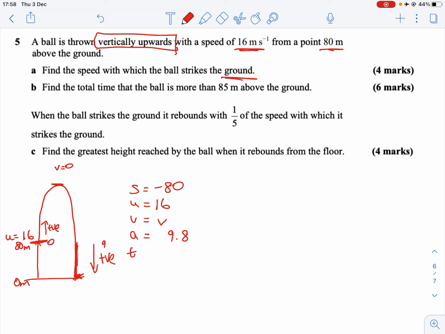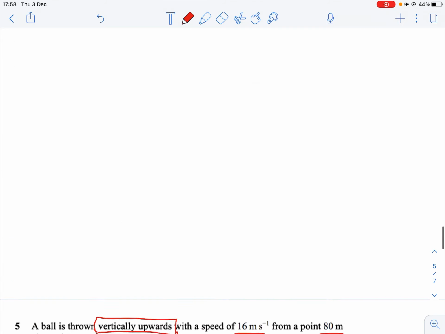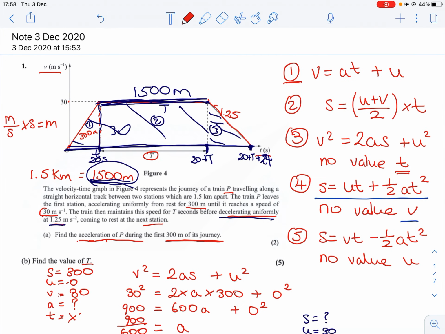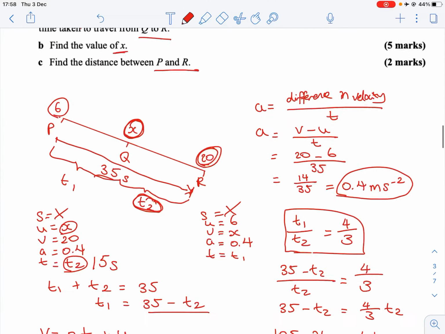So we're going to have minus 9.8. We don't know what the time is, so we have SUVA and we don't have t. Just look back at our 5 formulas. With no t, we're going to use v squared equals 2as plus u squared.